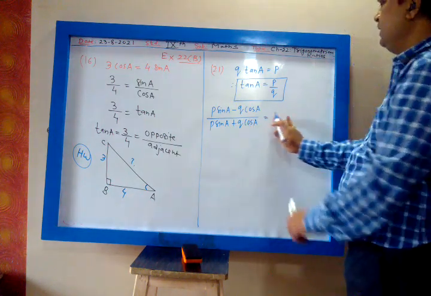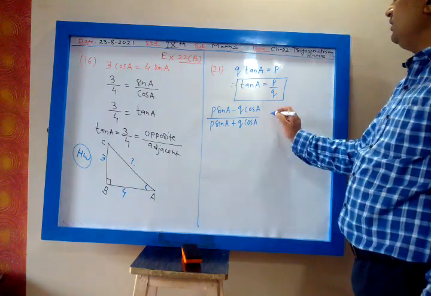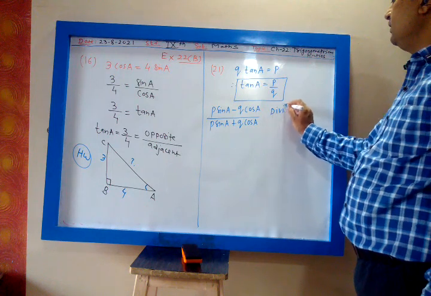You are given tan, so divide each term by cos.